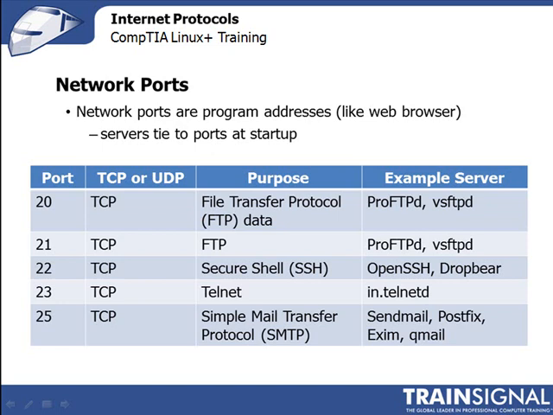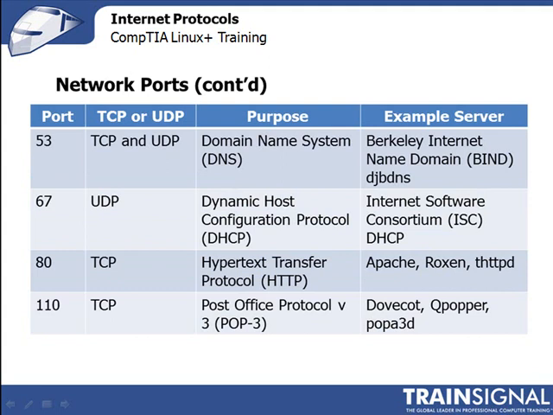Then we have 25, which is another TCP protocol. Its purpose is SMTP, and example servers are the ones that we covered in our email and printing lesson: Sendmail, Postfix, Exim, and Qmail. Continuing our review of network ports, next up is port 53, which uses both TCP and UDP transfer protocols.